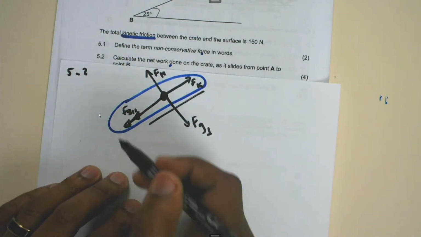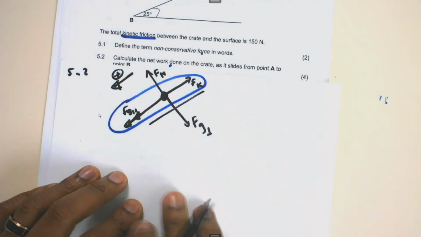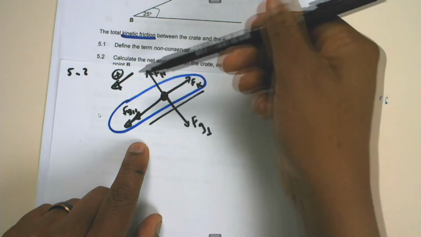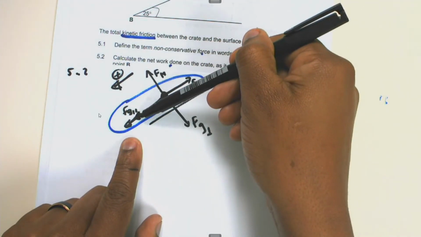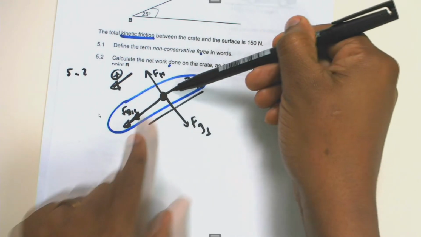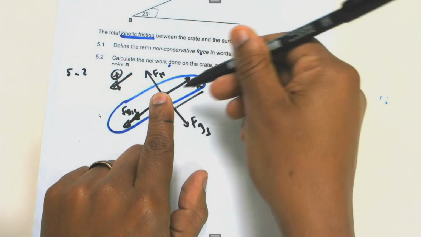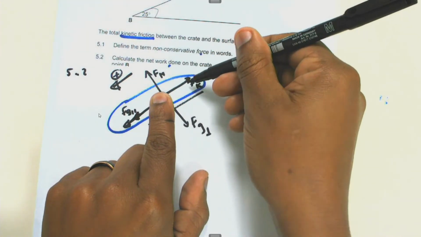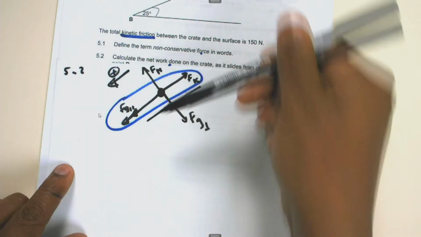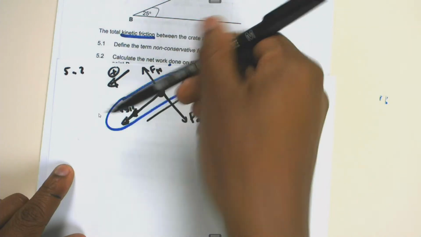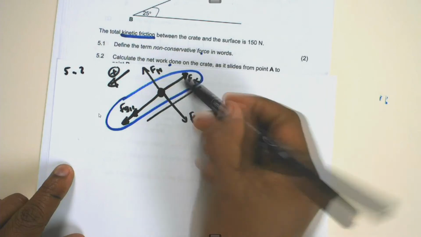Yes, I can. What is the direction of the motion? The direction of the motion is downwards. So everything moving downwards must be associated with cos of 0. Everything moving upwards must be associated with 180. But remember, we don't say plus or minus in this case. We only say the force is in the same direction as the displacement, or the force is in the opposite direction to the displacement.